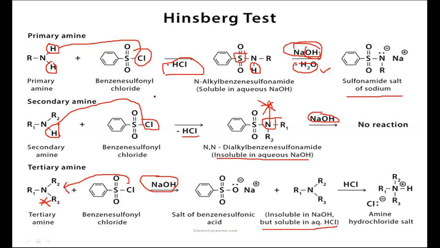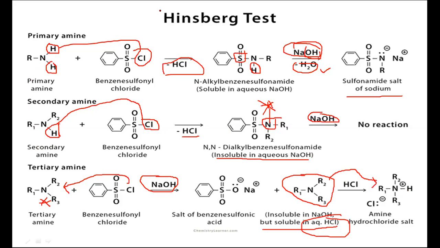Either primary amine or secondary amine products are insoluble in HCl, because they won't form quaternary ammonium salts. The quaternary ammonium salt is formed only by the tertiary amine. That's why it is soluble only in hydrochloric acid, whereas these two are not.